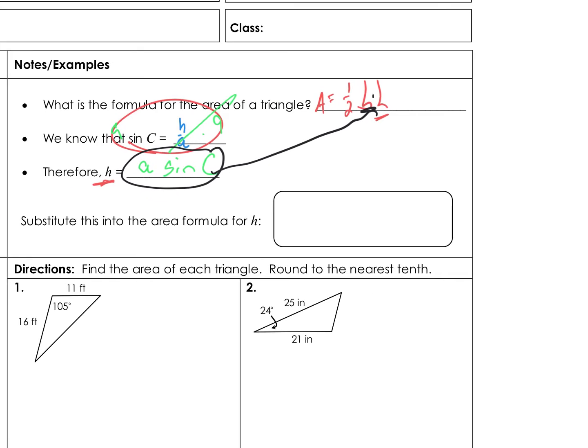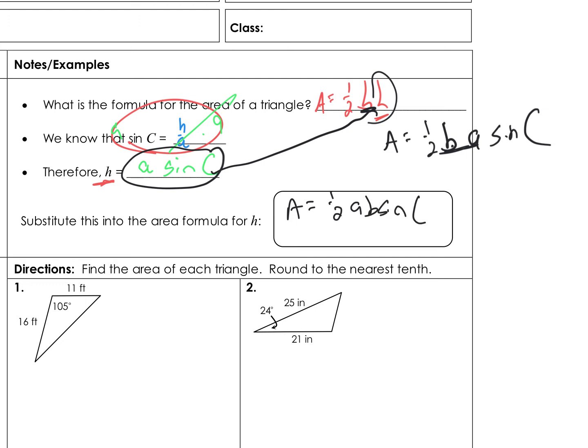If I plug that in for H right here, area now is equal to 1/2 base times the A sine of C. Well, I don't like the B before the A, so I'm going to write the formula for area as A equals 1/2 AB sine of C.